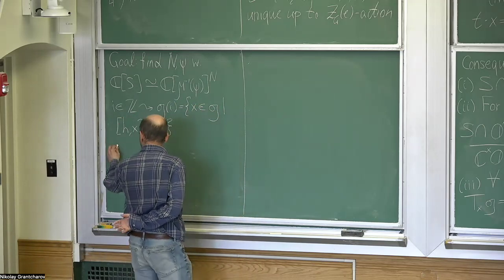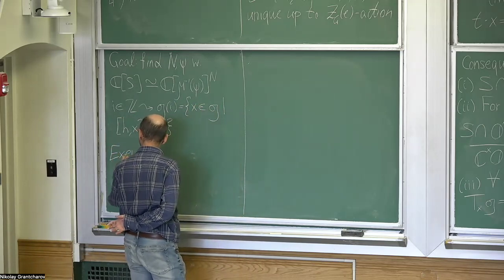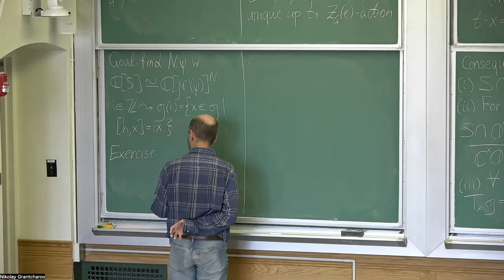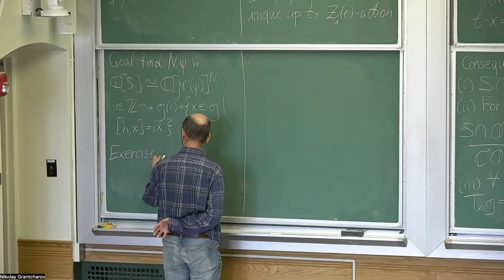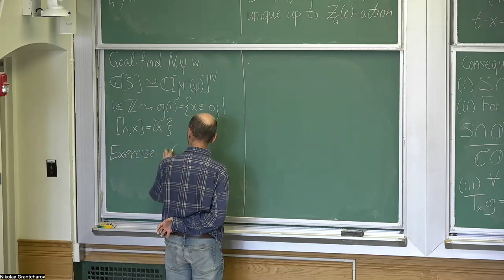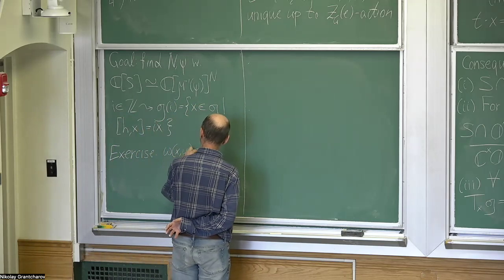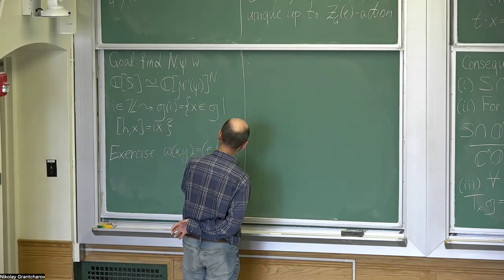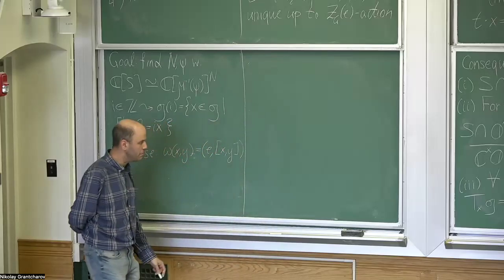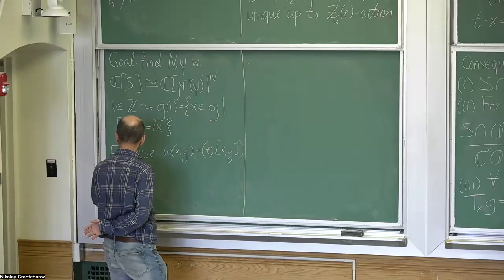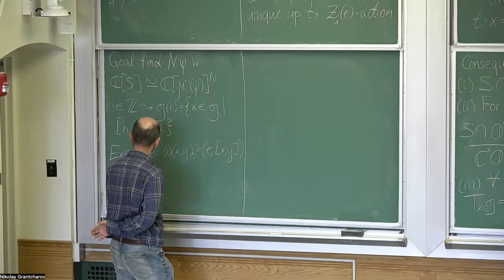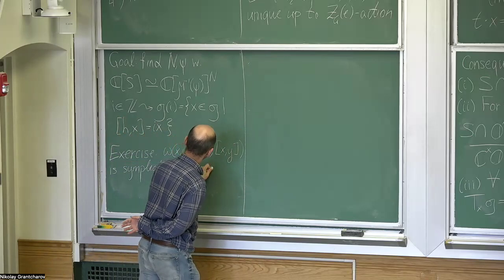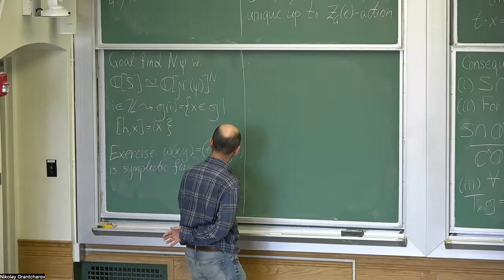Then I give you one more exercise. I claim that the following operation, omega of X, Y equal to the Killing form of E and the bracket of X, Y, is actually a symplectic form on the graded component minus 1.